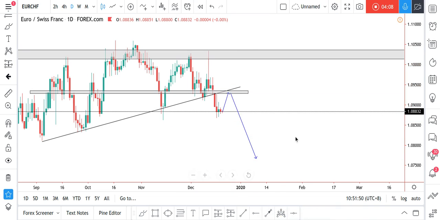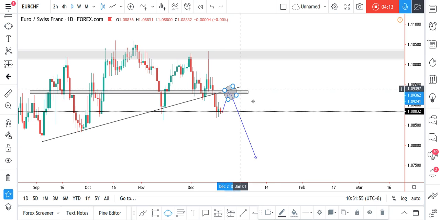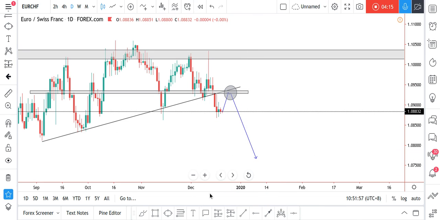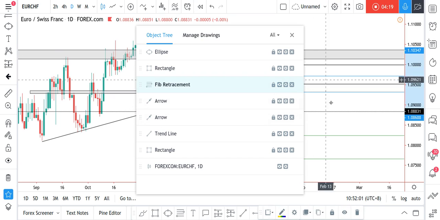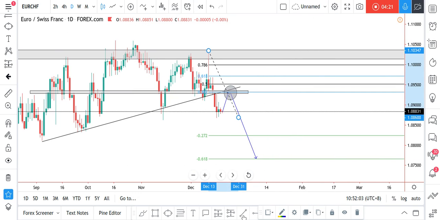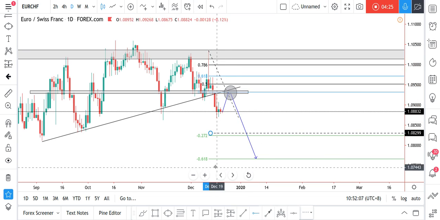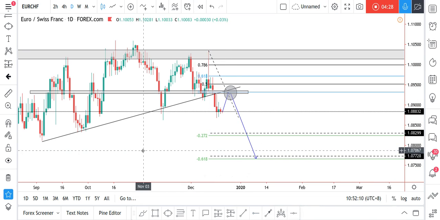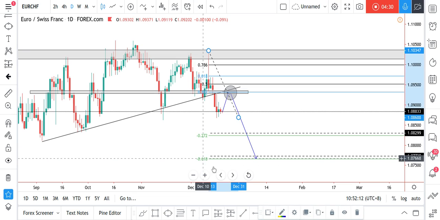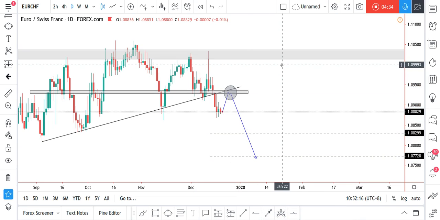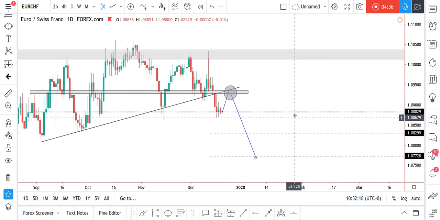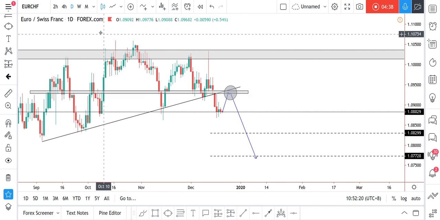Once we have the retest, we will look for a sell opportunity in this area over here. By taking your Fibonacci, you can automatically see the target, which is over here. My target would be around this area, and my second target would be around this area here. Just to make it safe, we'll take the first target first, just in case target number 2 doesn't reach. This is what we are looking for on this pair.